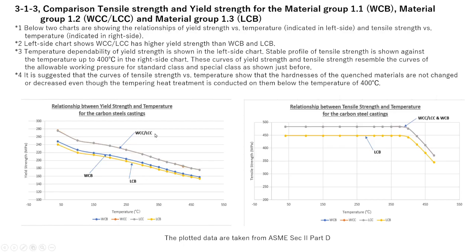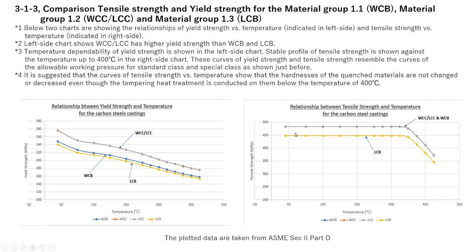That's the cause of the manganese effect, as just said before. The blue line indicates WCB, and the yellow curve indicates the LCB material. LCB casting has a still lower yield strength.